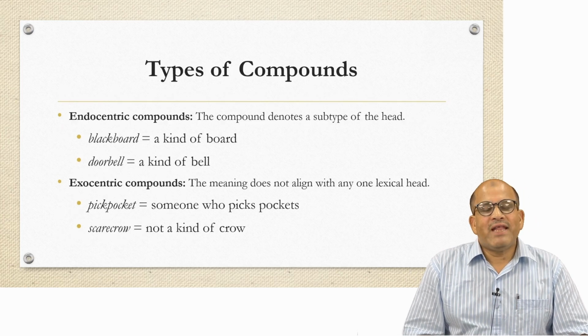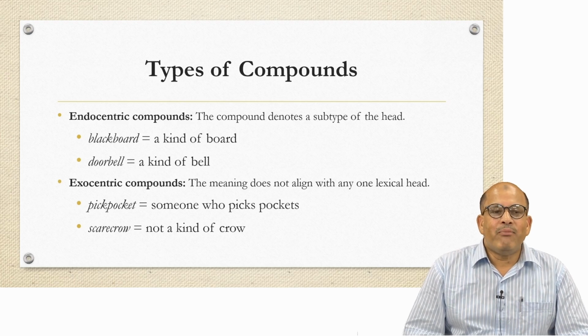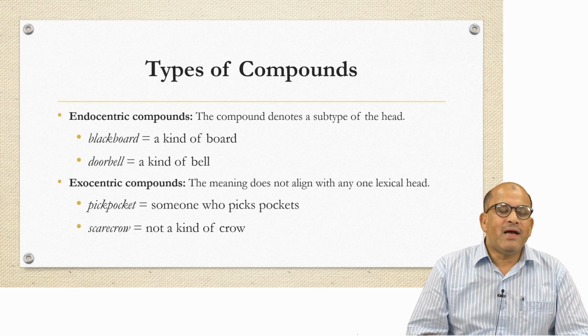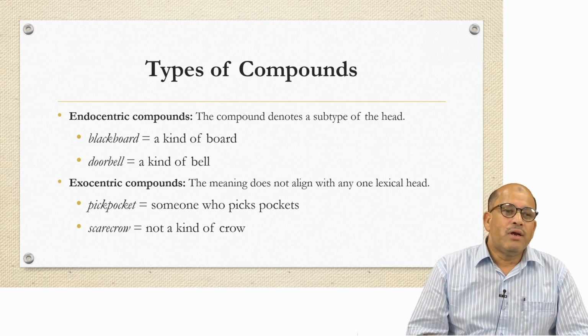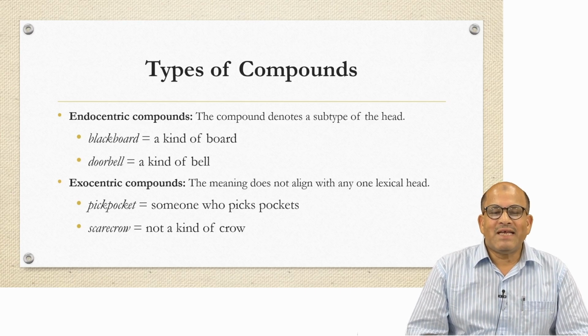Then if you look at the different types of compounds, there are endocentric compounds. The compound denotes a subtype of the head. For example, blackboard, a kind of board, referring to the main single idea. Doorbell, a kind of bell which is placed on the door. Then exocentric compounds, where the meaning does not align with any one lexical head.